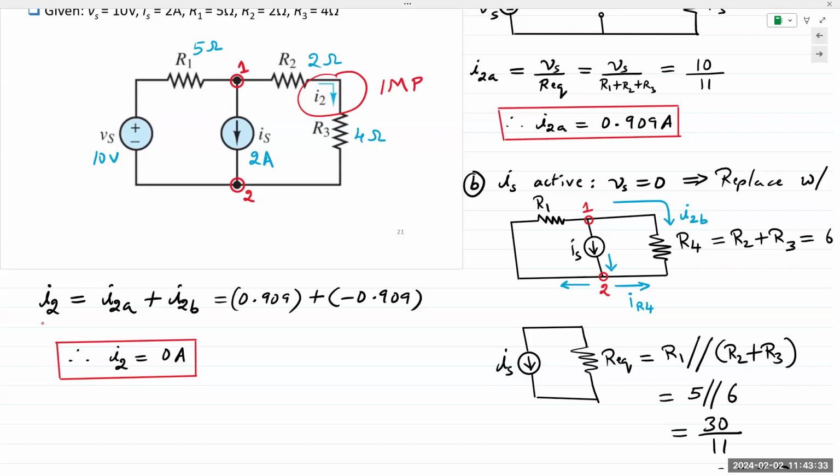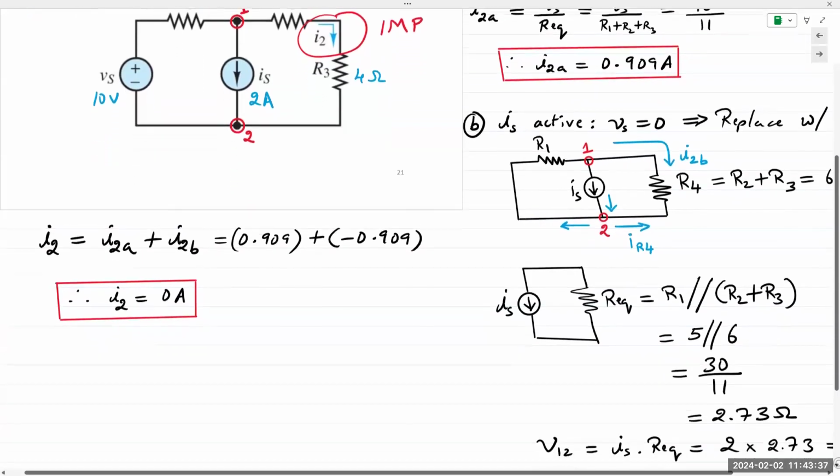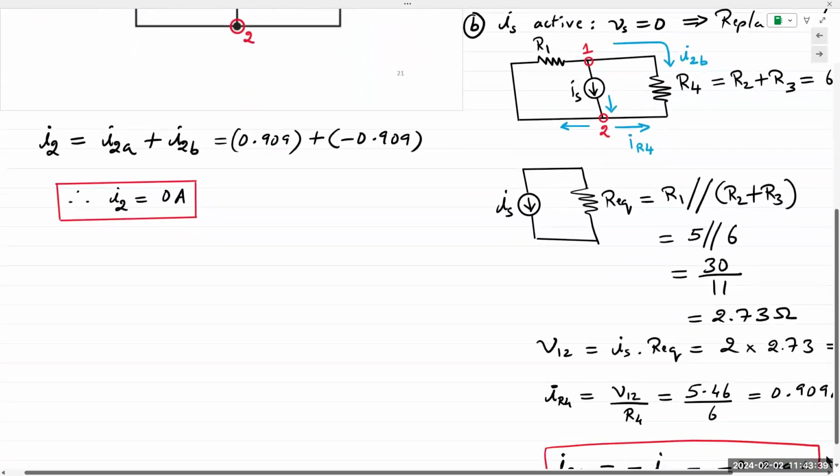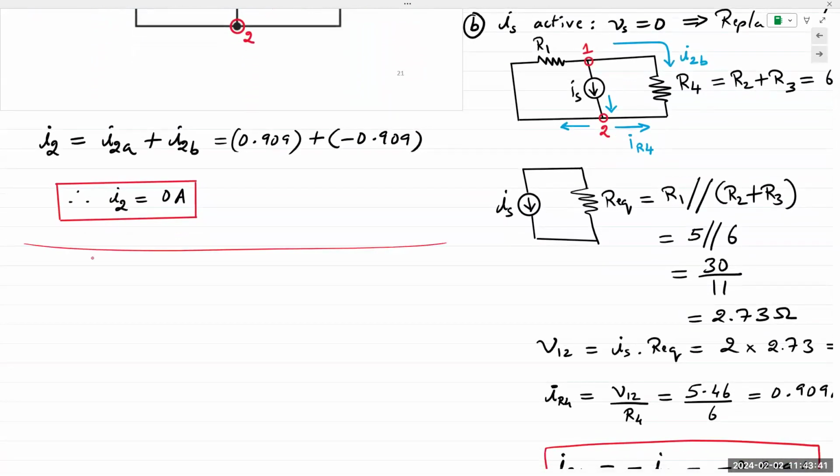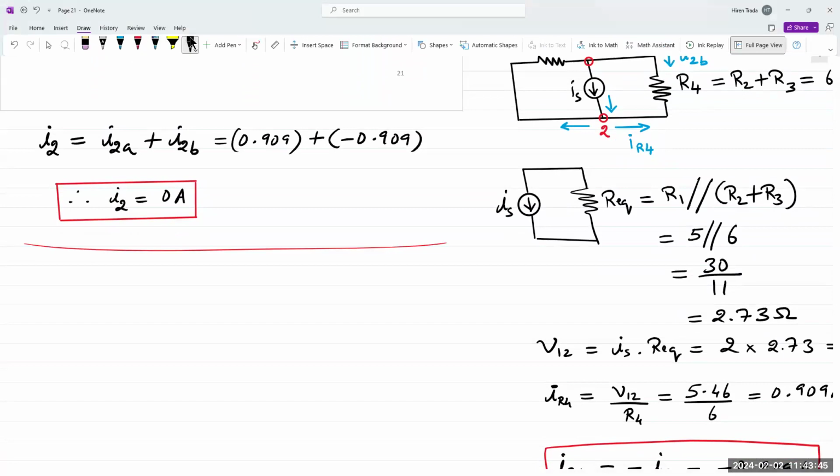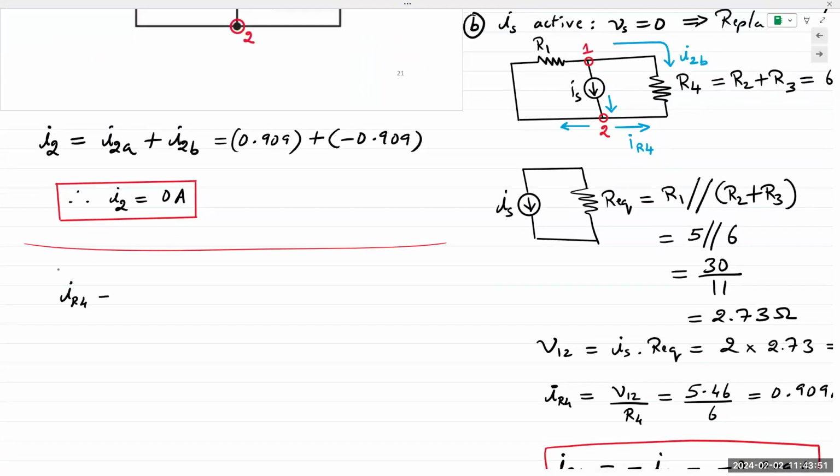Okay. Then I will do one last thing here, is show you how the current division would be applied and be rather straightforward. Current division, of course, states that when current passes through a parallel circuit, it gets divided, and a fraction of that current goes through each branch. And in this case, the fraction would be of IS times REQ over R4.